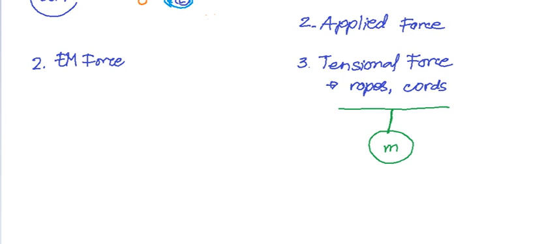So this is a tensional force. You have here the rope. Let me emphasize that this is a rope. If you see a rope which is stretched, then you can find there what we call a tensional force.